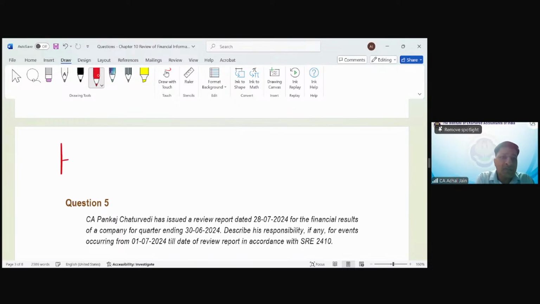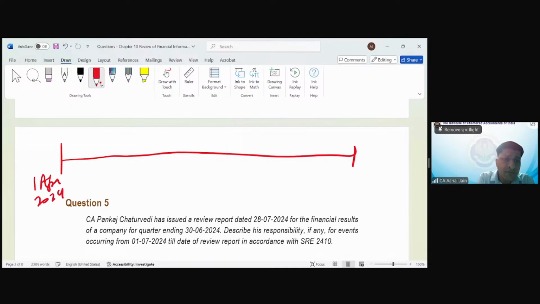So now let me just put it down first of all in the form of this table. So we have this quarter from 1st April 2024 to 30th June 2024. Okay, so this is the quarter.